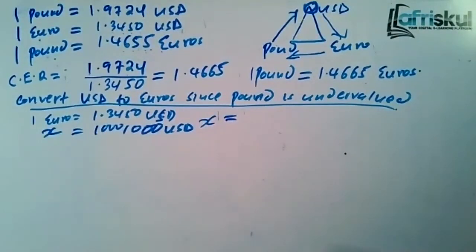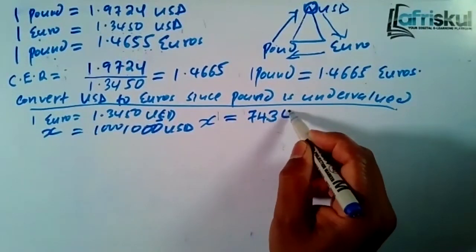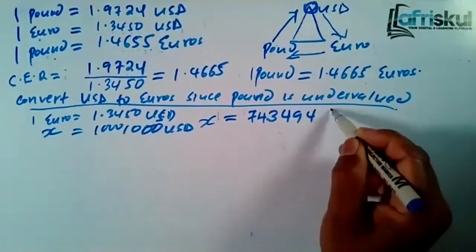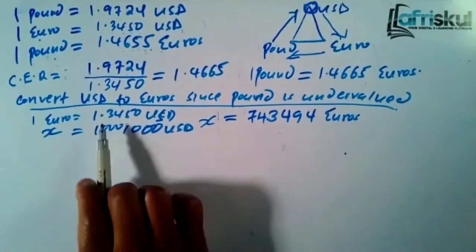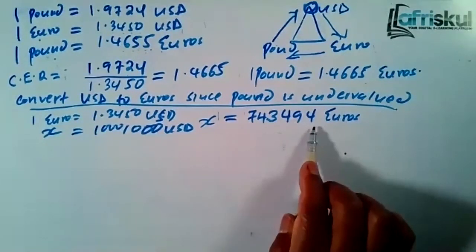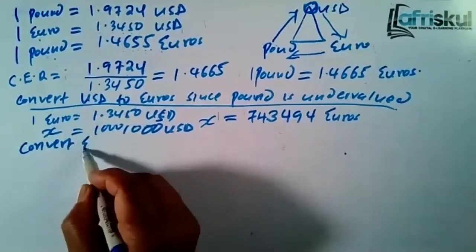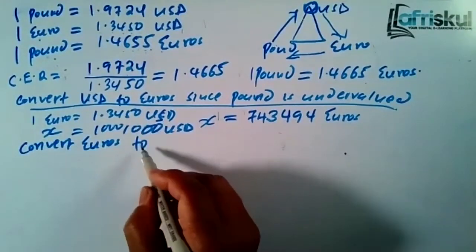In that case, it will be 743,494 euros. You convert US dollars to euros, and we have 743,494 euros.